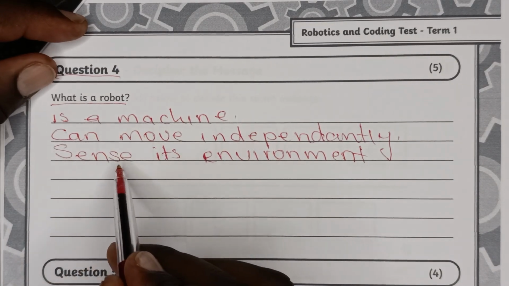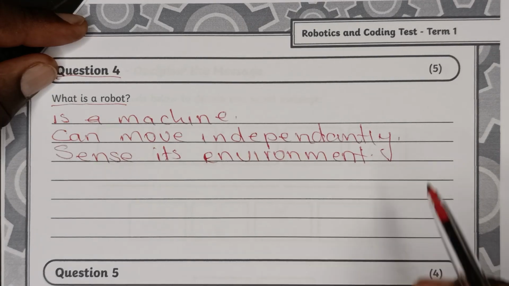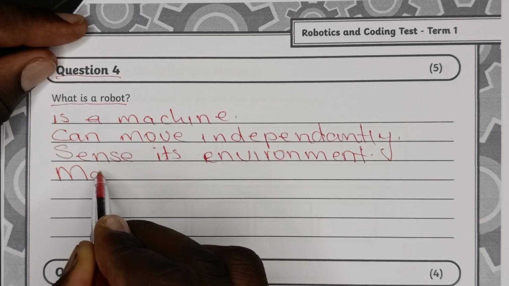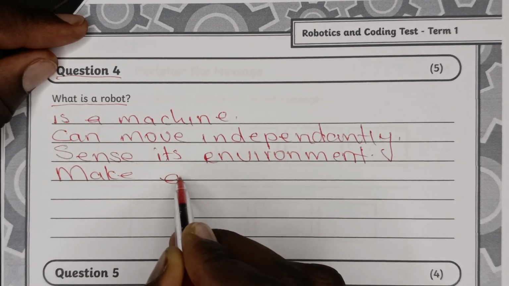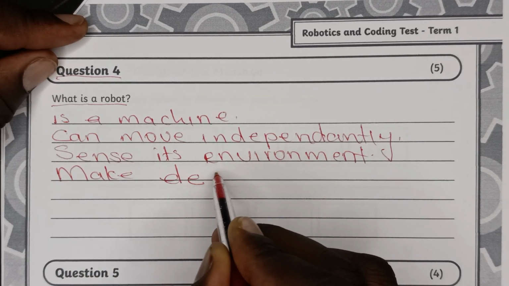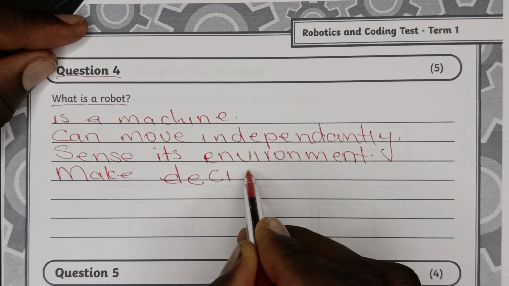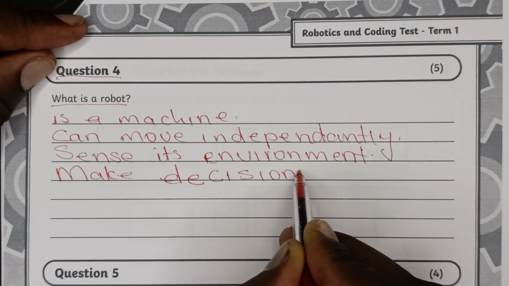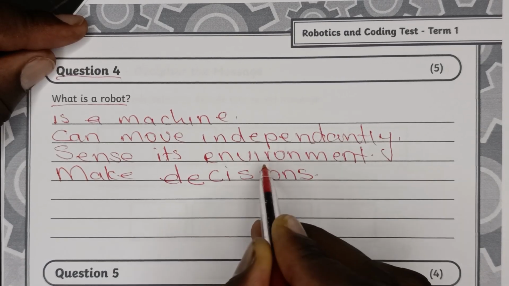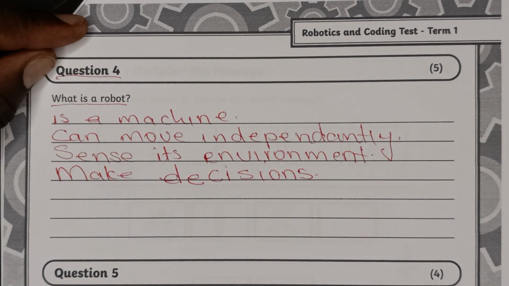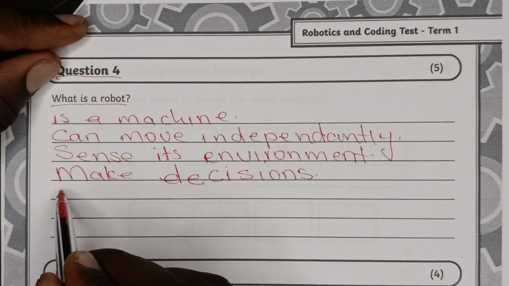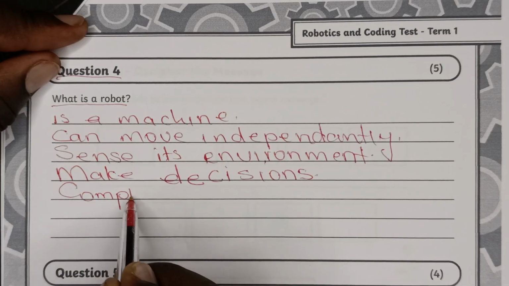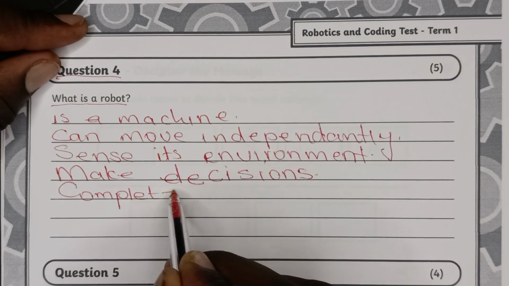A robot can sense its environment, and a robot can make decisions. A robot can complete a task.